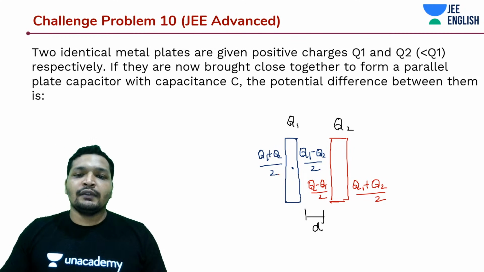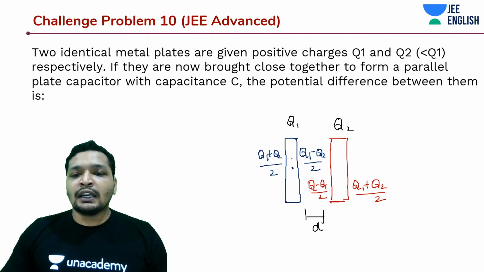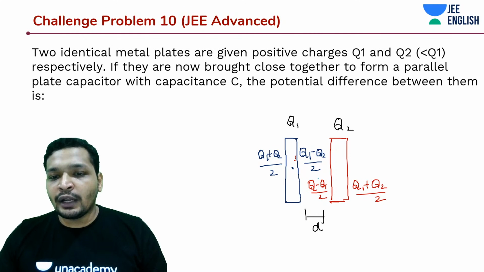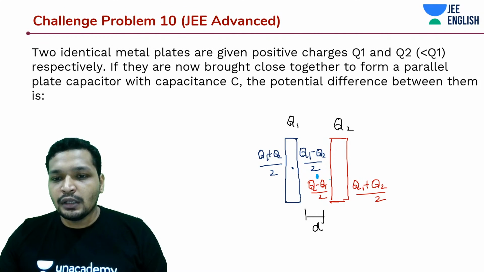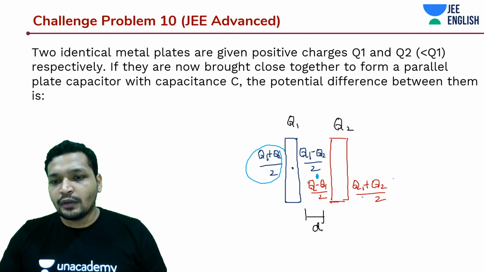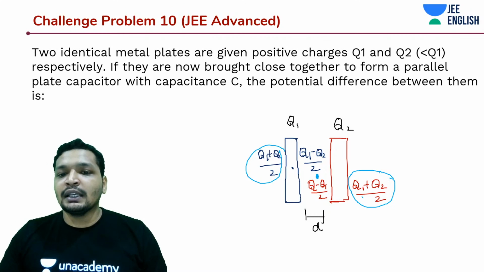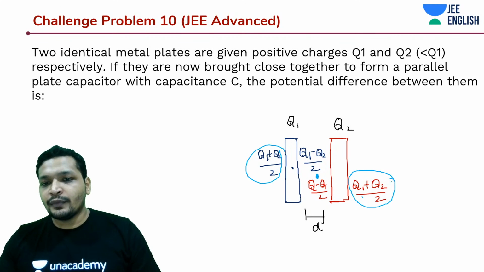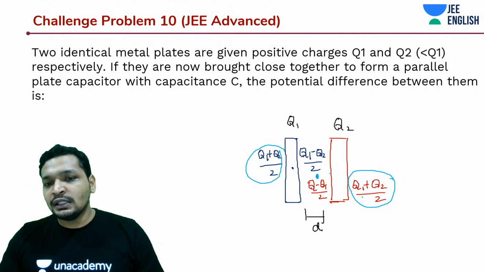Yes, you are correct, Vanshika. So what is the electric field at this point? You're basically worried about the electric field. This charge and this charge are going to nullify. Think about it. And how about this?